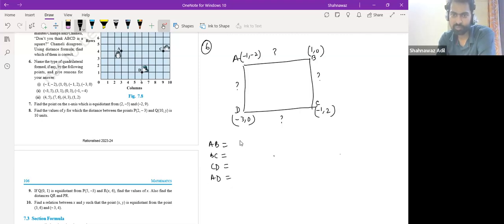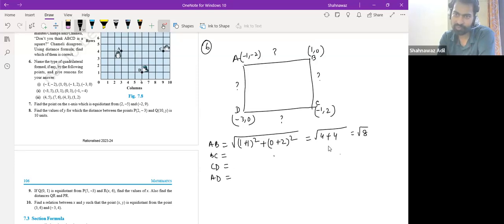So root 10. This is 1 plus 1 squared, and this is 0 plus 2 squared. What happened? This is root 8.